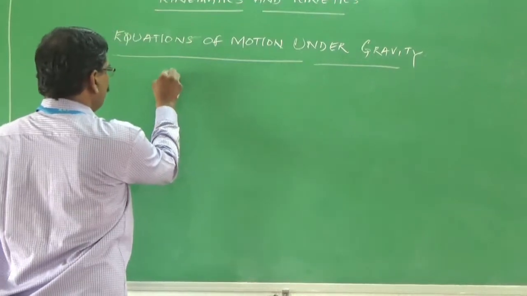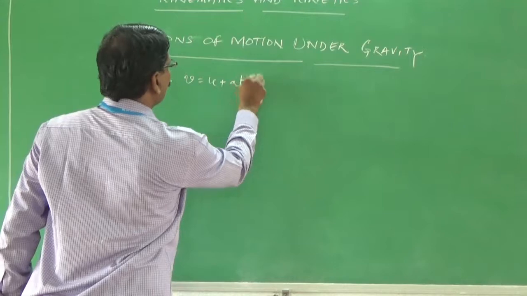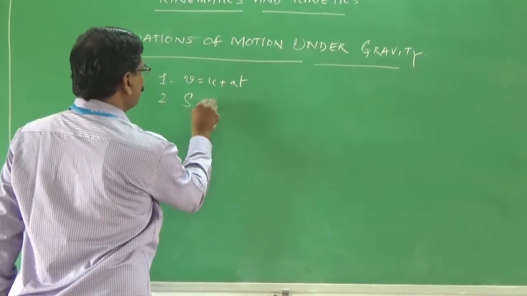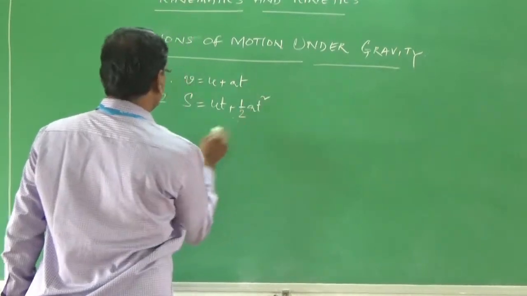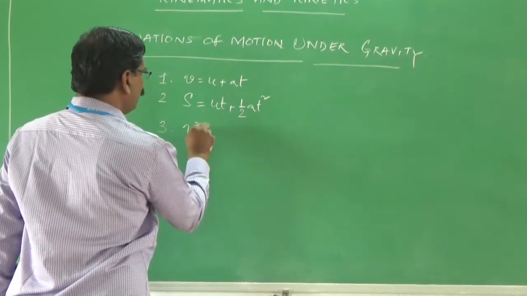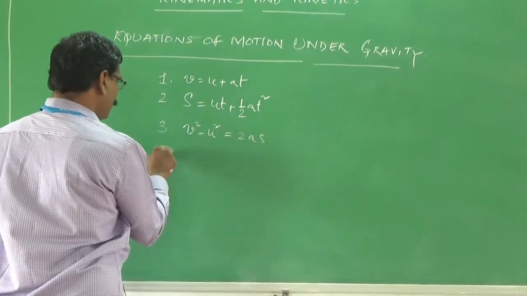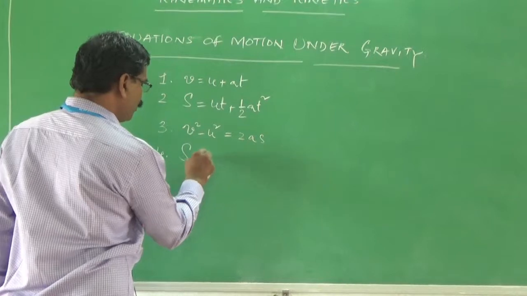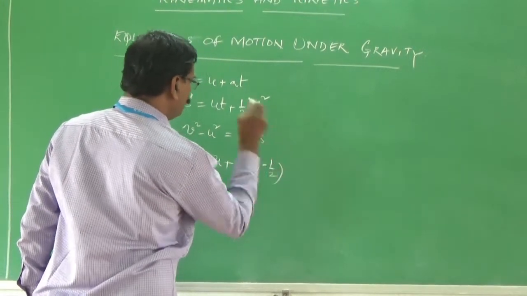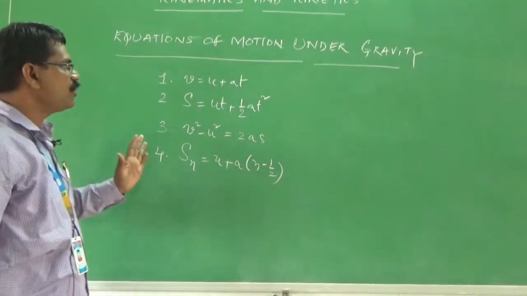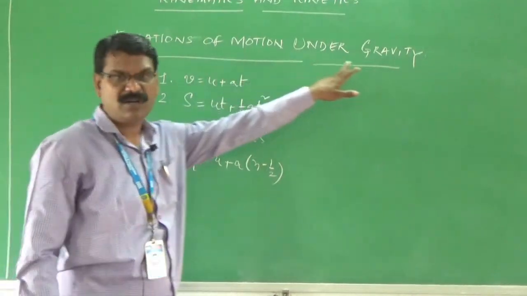The first one is V is equal to U plus AT. The second one is S is equal to UT plus 1 by 2 AT square. The third one is V square minus U square is equal to 2AS. The fourth one is Sn is equal to U plus A into (2n minus 1) by 2. These are the four major equations of motion under gravity.